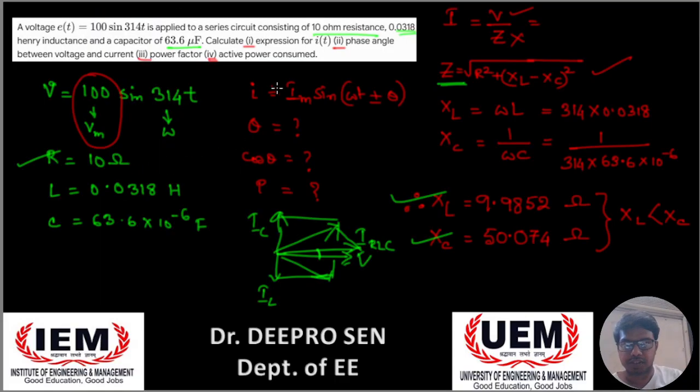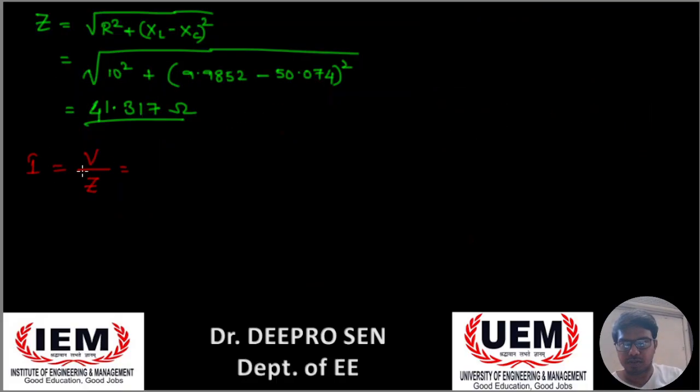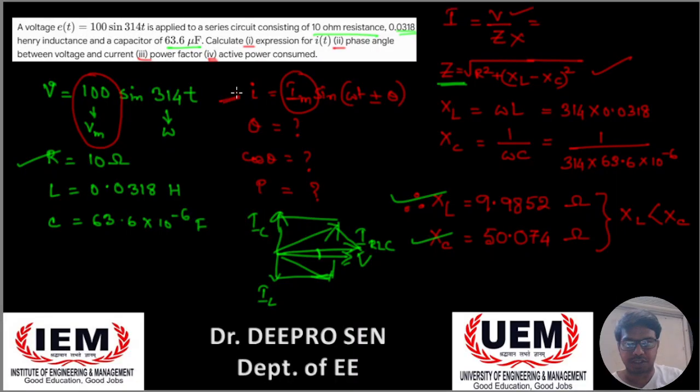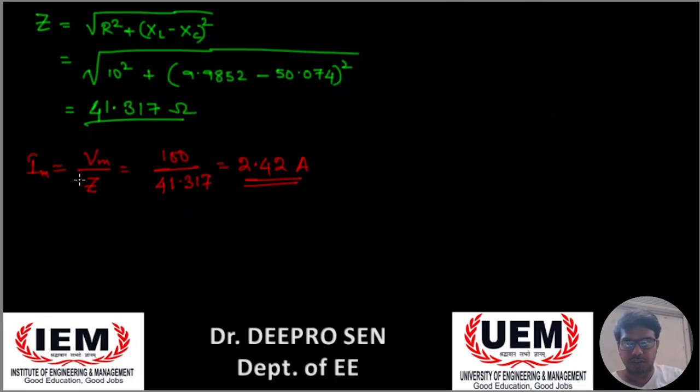So our first target is to find out Im. If you represent this by Im and Vm, then simple 100 divided by 41.317, this Im comes to 2.42 amps. That is the maximum value of current. So for this expression, we have got the value of Im.